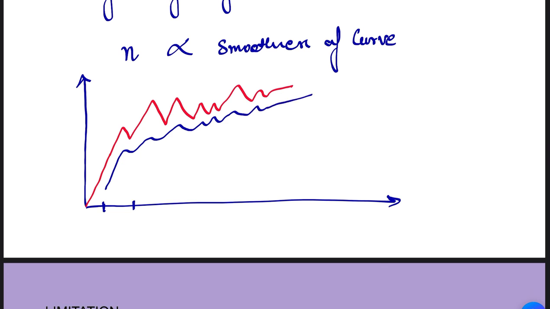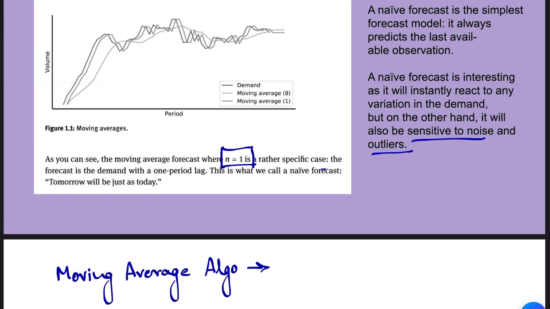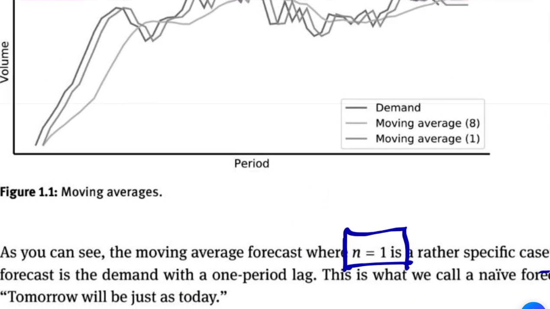But if we increase the value of n from 3 to 5, you can see there is a smoother curve over here. So this is a fact I wanted to let you know, because it defines the smoothness of the curve.